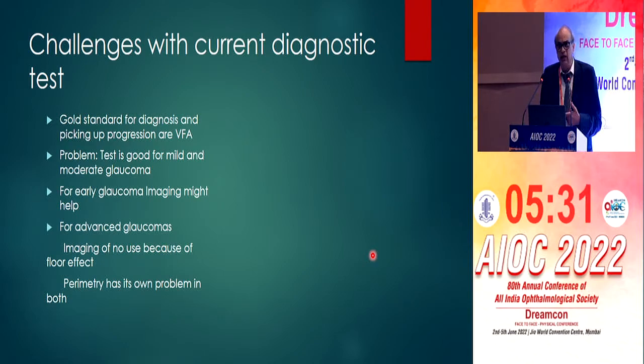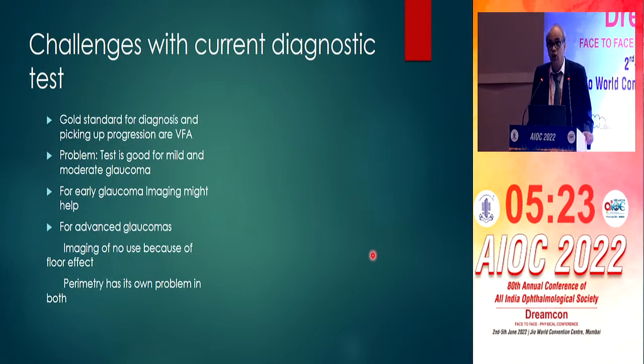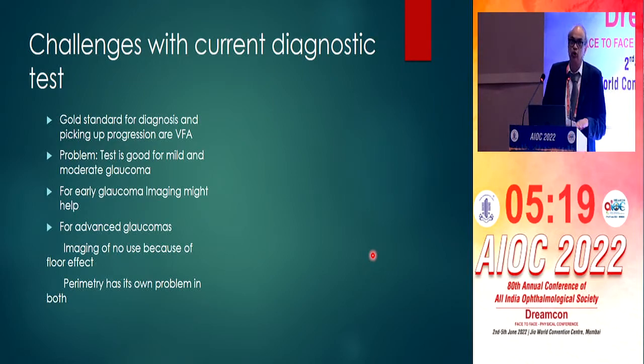The second equipment is OCT or any imaging device. Other imaging devices are not available, it's only the OCT. OCT has its floor effect, we will discuss subsequently. So you cannot monitor a very advanced glaucoma based on the OCT.